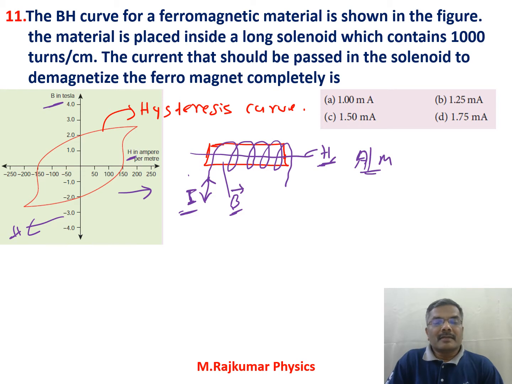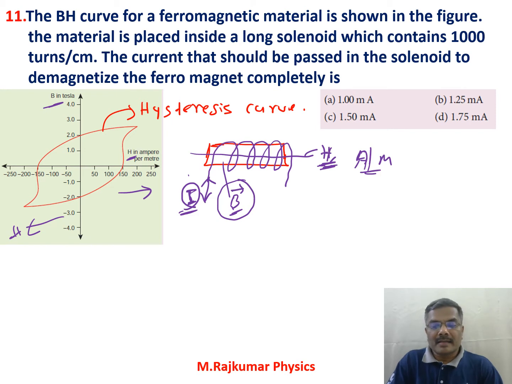So this H value only will make this particular material into a magnet. Even if I increase the I value, the magnetic induction or magnetic flux induced inside this bar magnet will not rise beyond a certain level.